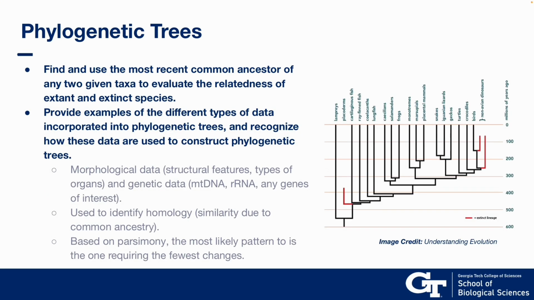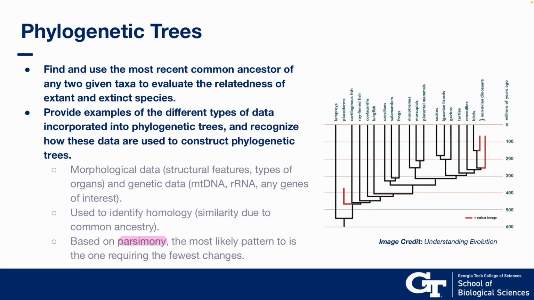And then how do we make phylogenetic trees? It can be morphological, so physically, or it can be genetically based on things like mitochondrial DNA, ribosomal RNA, or any genes. And what they're used for is to identify similarity due to a common ancestor. And this is important, this last bullet: it's based on what's most parsimonious.